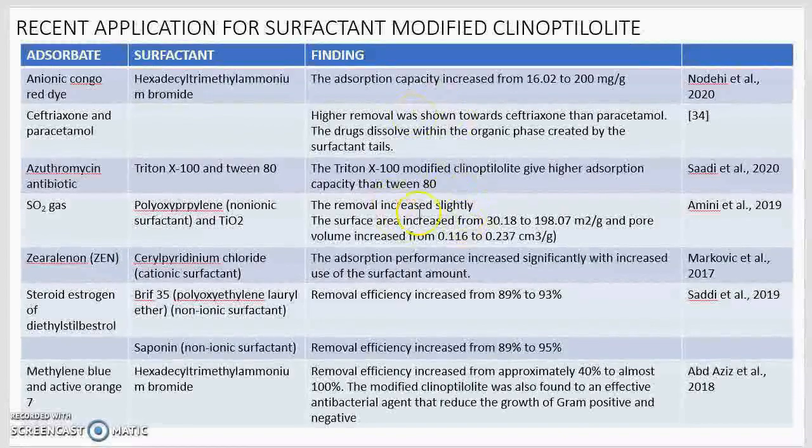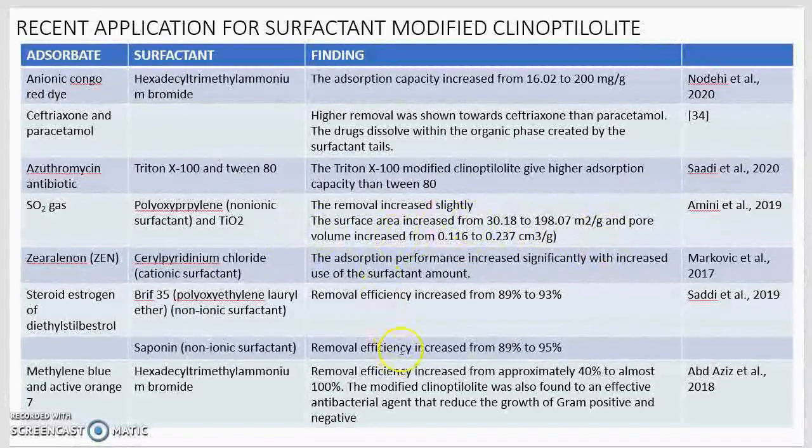The other interesting finding from all the work I list here is that the adsorption of sulfur dioxide gas increased significantly in terms of surface area and also volume when they added the surfactant polyoxypropylene and TiO2.